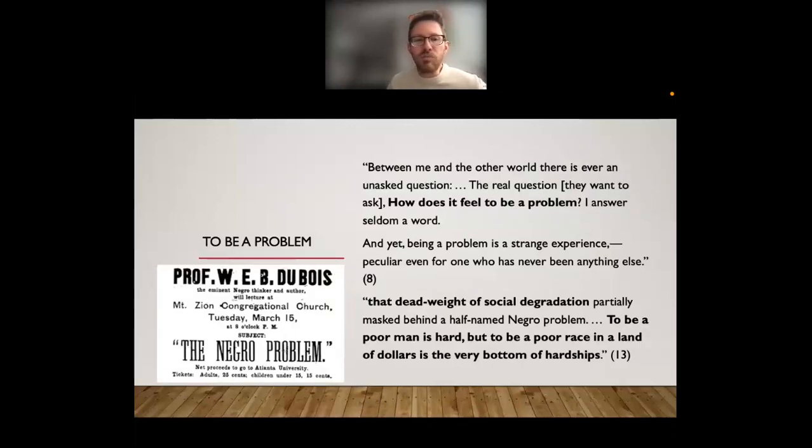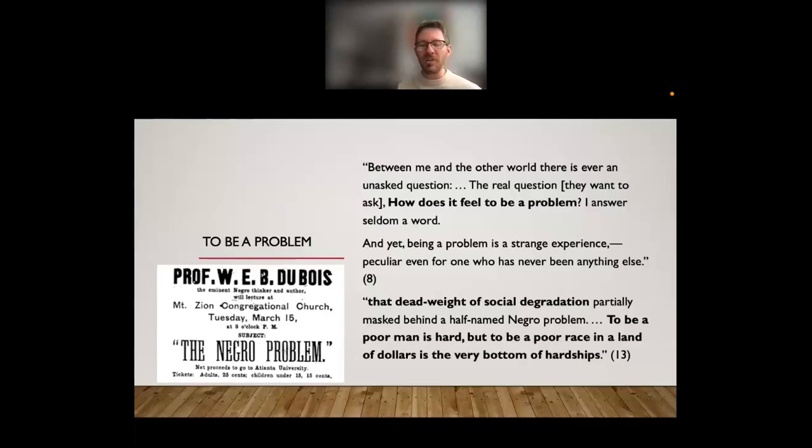And what Du Bois called it was the dead weight of social degradation. Right? So that is what it is to be a problem, is that there has been a marginalized group for so long that they are and have been socially degraded that they become or are understood to be a dead weight on society. And he says that causes quite a few problems.